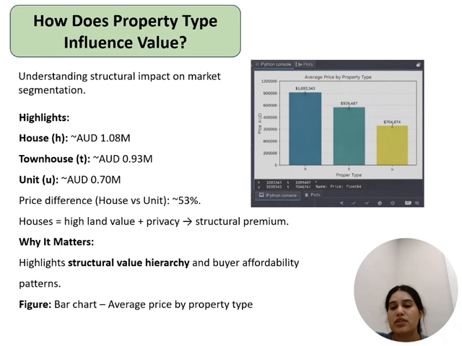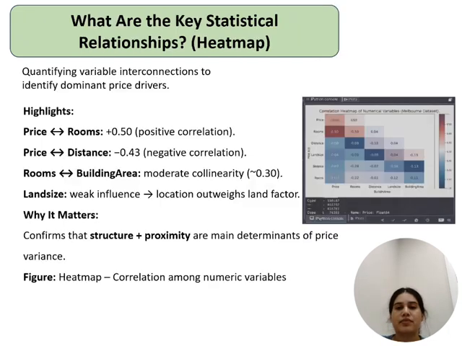The price difference between house and unit is roughly a 53% premium due to land value and structural independence. This reflects a clear structural hierarchy, highlighting lifestyle pay and premium for privacy and ownership of land.